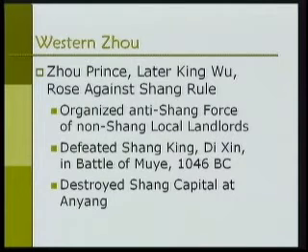And since Anyang was the capital of the Shang people, that's why the Zhou people had to destroy it, this capital being the symbol of the Shang people. So with the destruction of the capital, that symbolized the destruction of the Shang people, they would never come back in history to rule the place.